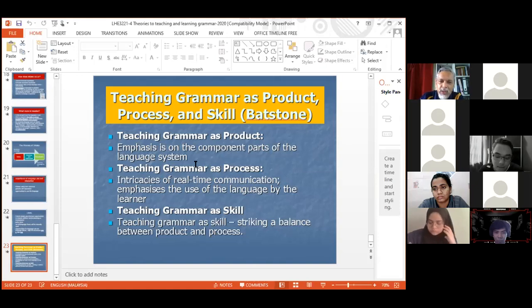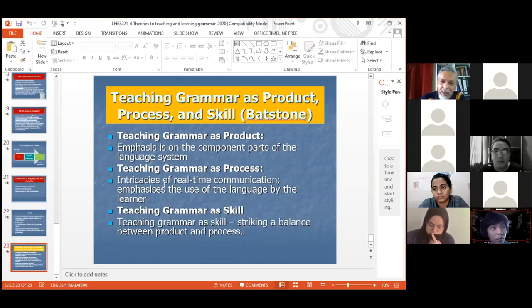So you have to teach grammar as process, the intricacies of real-time communication. You have to introduce all these things into the task or into your lesson. Emphasize the use of language by the learner. Whereas in product you emphasize the form, in process you emphasize the use.